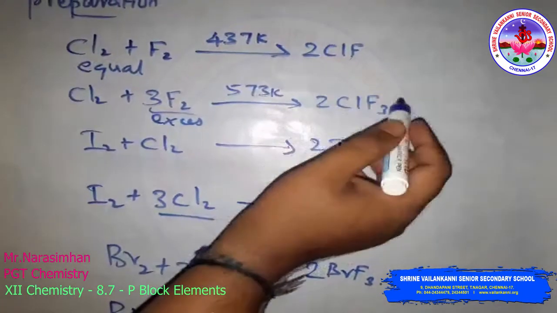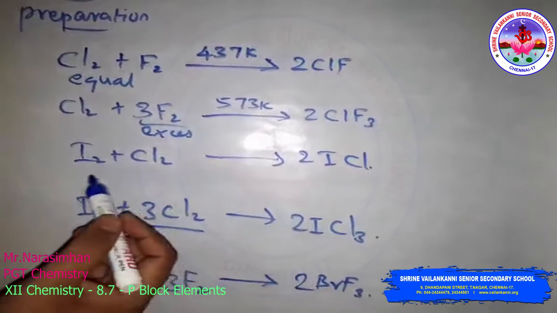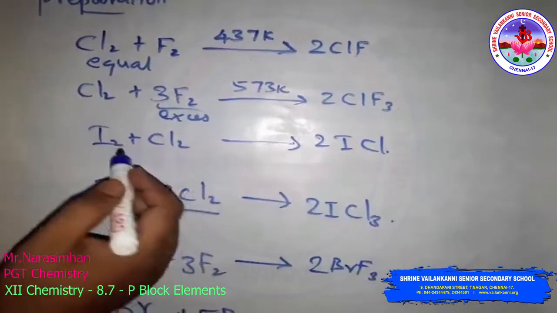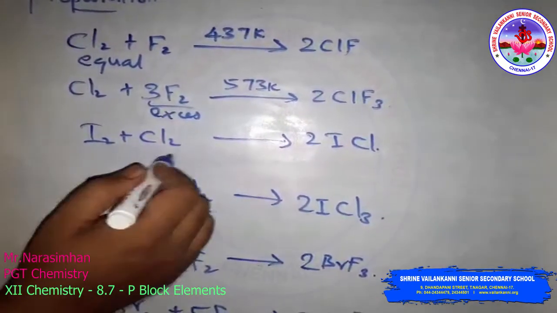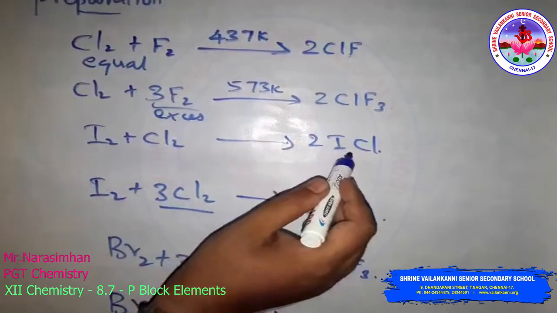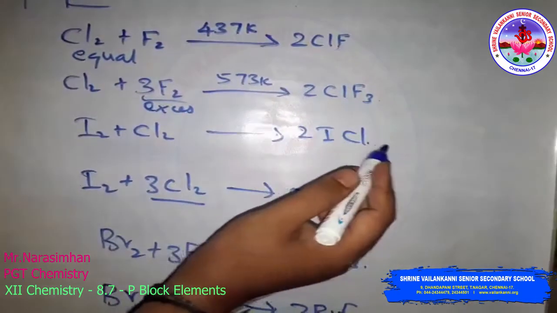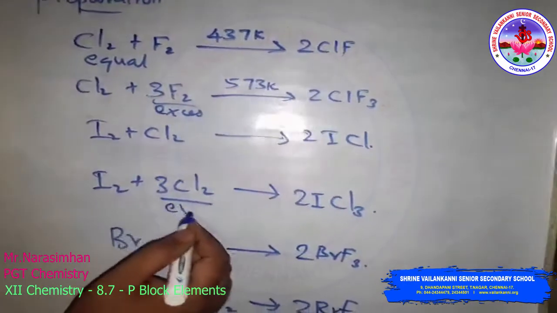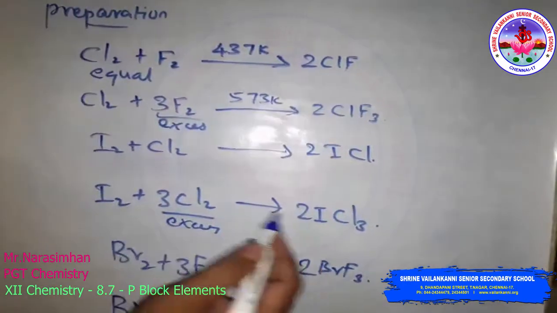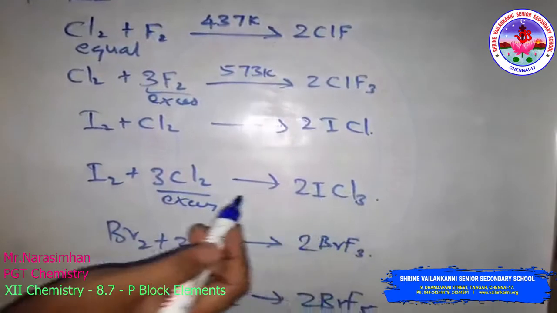So this is also an interhalogen compound. Then iodine reacts with chlorine in equimolar amounts to form iodine chloride, 2 moles of ICl. With excess chlorine it forms 2ICl3.